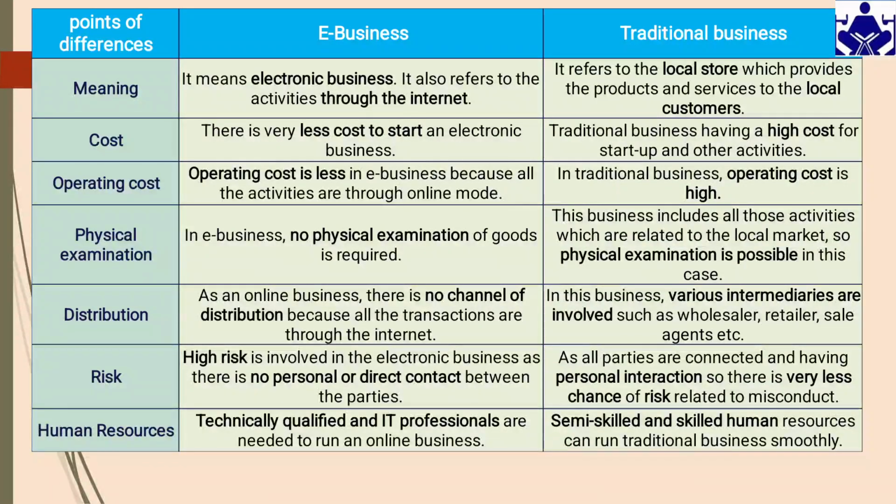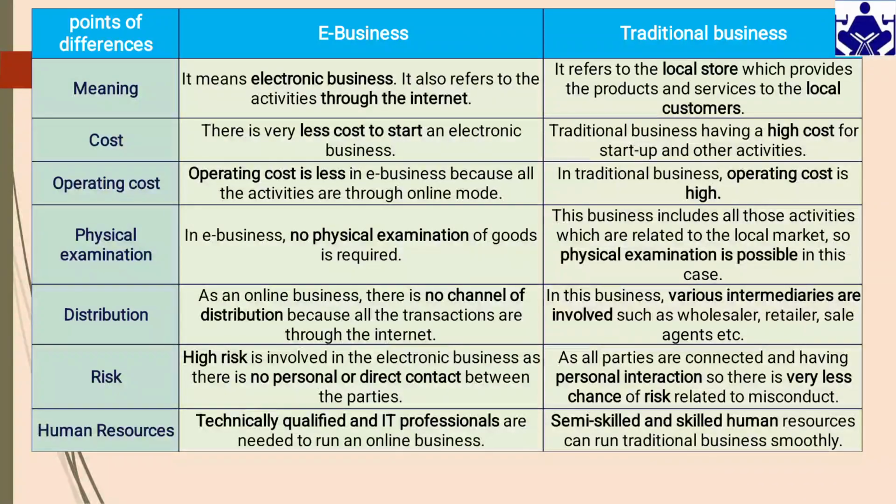Whereas traditional business includes all those activities which are related to the local market. So physical examination is possible in this case. Distribution. As an online business, there is no channel of distribution because all the transactions are conducted through the internet. Whereas in traditional business, various intermediaries are involved. Intermediaries meaning the chain involved such as wholesaler, retailer, sale agents, etc.